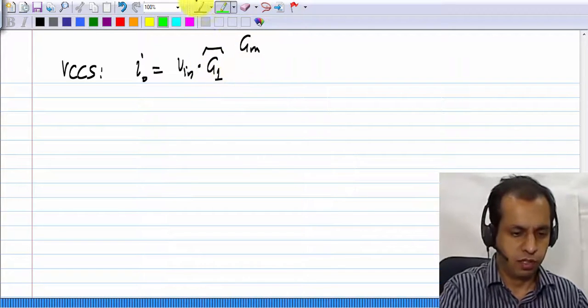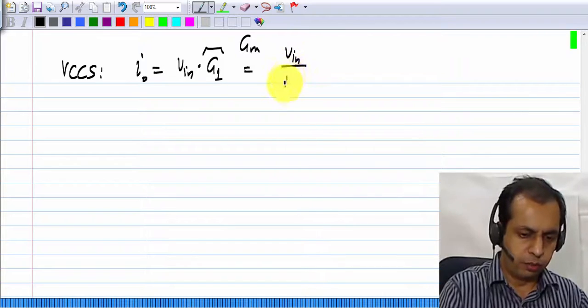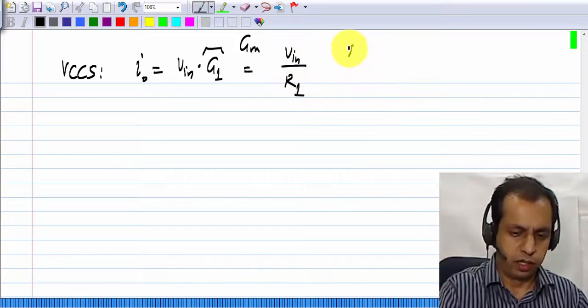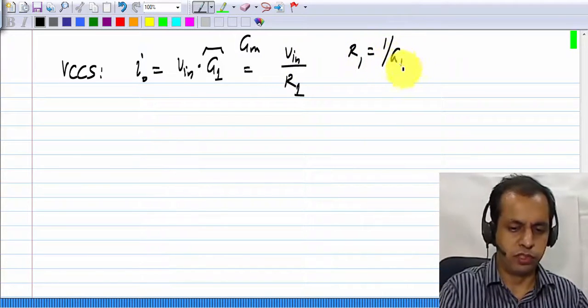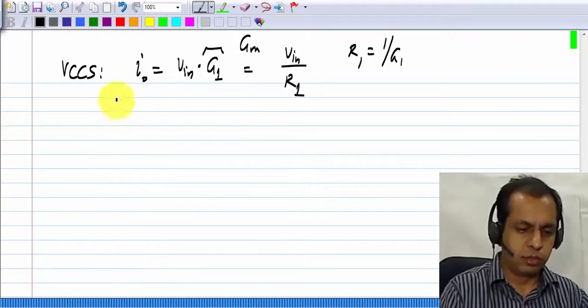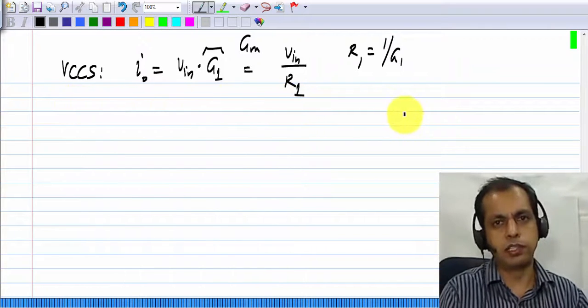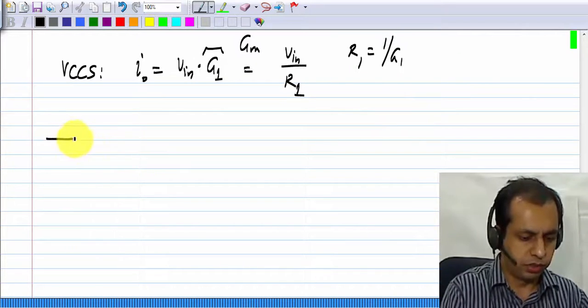This is G1, or I could write it as V in divided by R1. R1 is just the reciprocal of G1. Now, what does this mean? We have to realize this using negative feedback and using a MOS transistor.